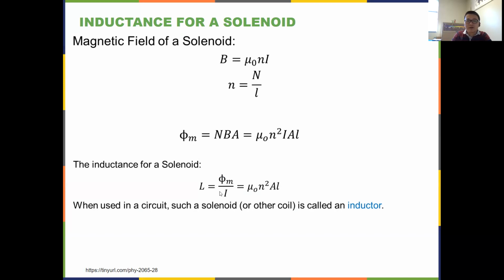So we know that you can also calculate L in terms of delta flux over I. These divided by I, so I goes away, giving mu naught n squared A l.